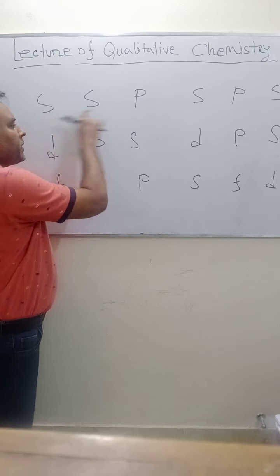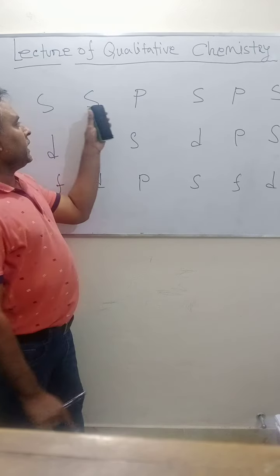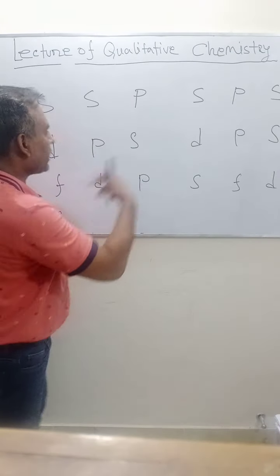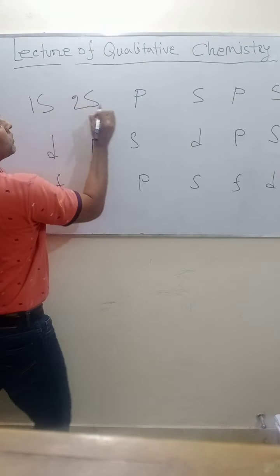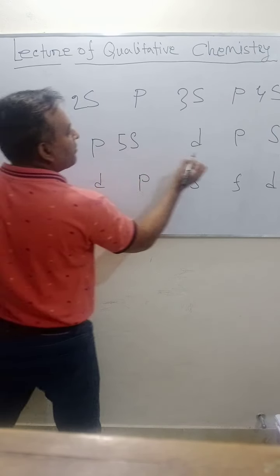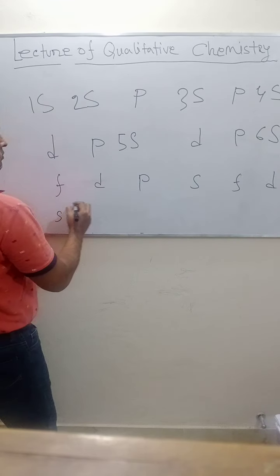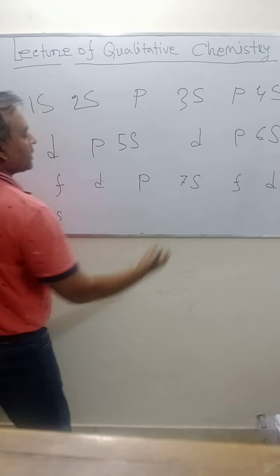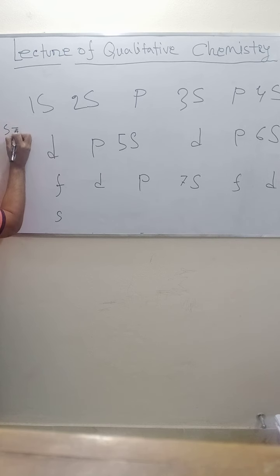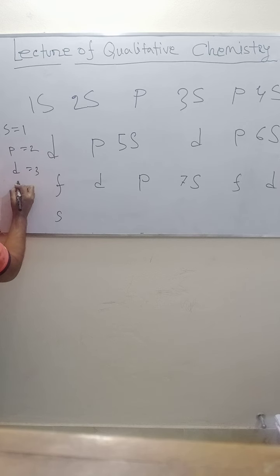Every S should start from 1, so give them 1, 2, 3, 4, 5, 6, 7. S starts from 1, P starts from 2, D starts from 3, F starts from 4. Clear?